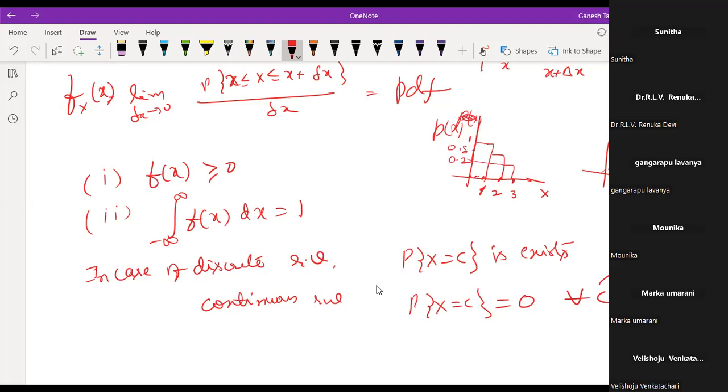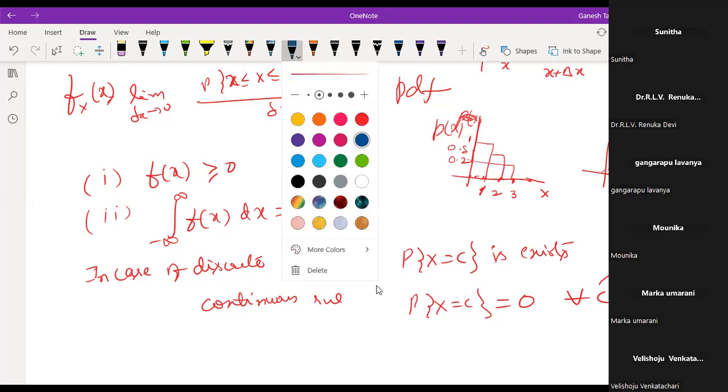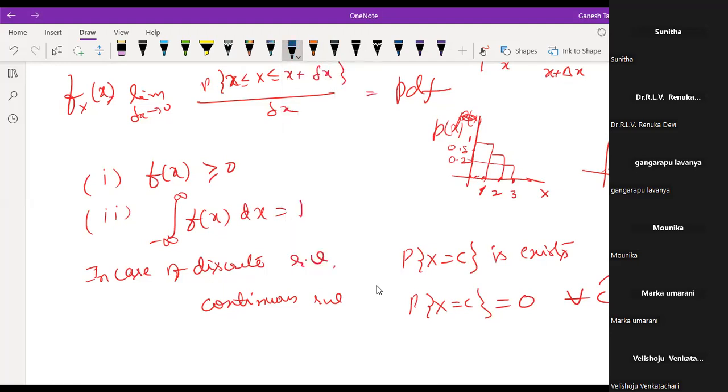But coming to the continuous random variable, at a particular point, some c. What does it mean, some c? At a particular point c, what is the area under the particular point? All the time it will be 0.